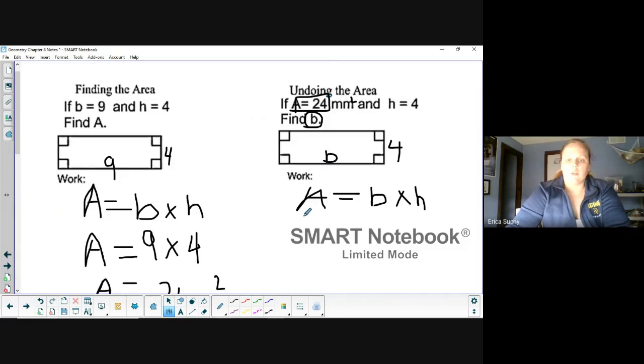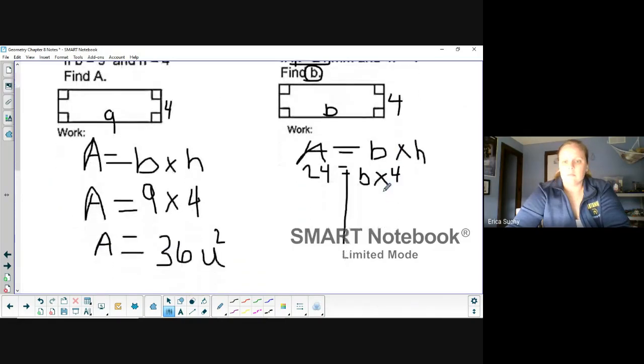So we're going to put the 24 in for the area. The base is going to stay a B. And then we're going to multiply by the height of 4. And here we're just going to do a T-chart. The opposite of times 4 would be to divide both sides by 4.